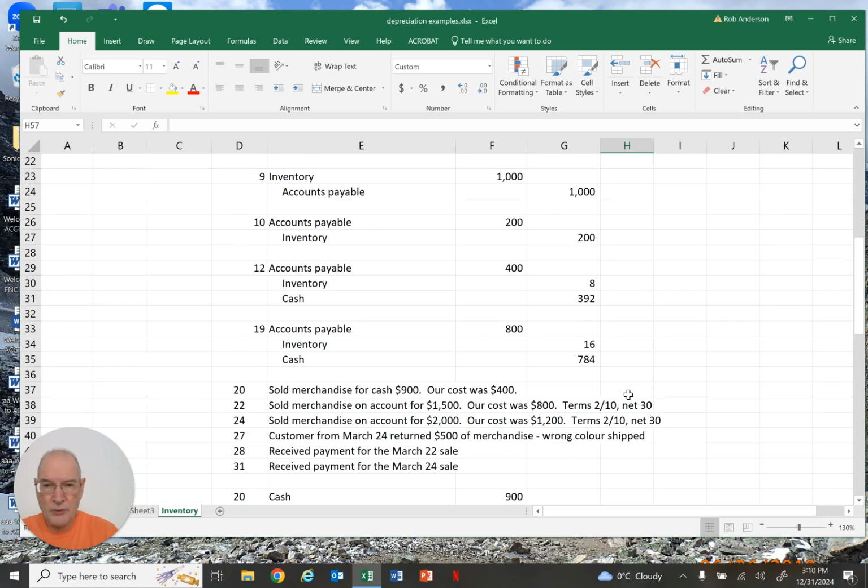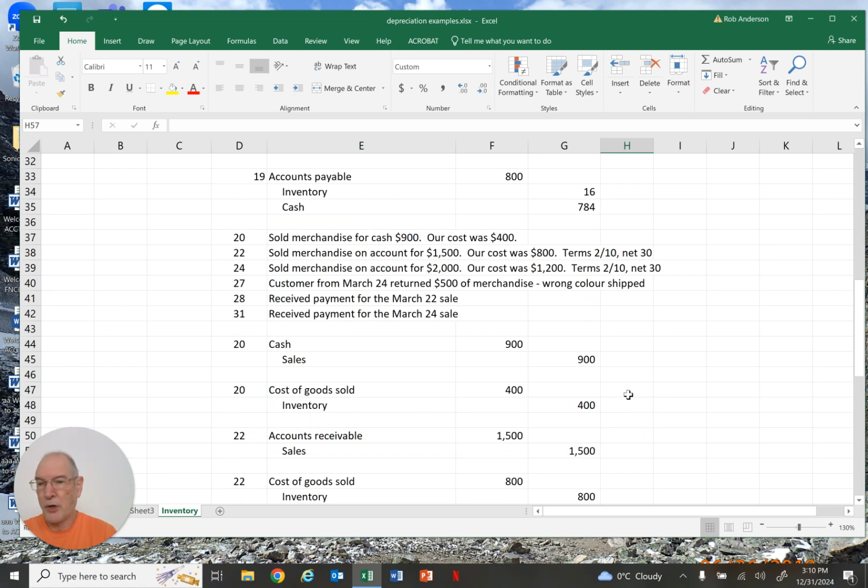Okay, now that takes us through all our sales, but we're also going to look at what happens if a customer returns goods to us. So just like when we're buying goods, if a customer returns goods, we're not going to give them a discount on the amount returned. They only can get their 2% discount on the portion they kept.